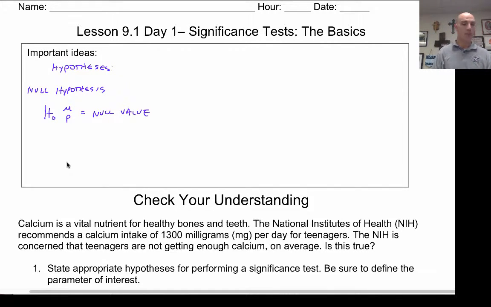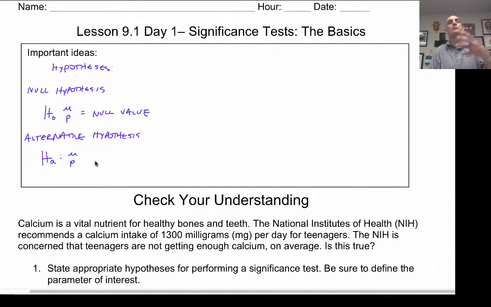Okay. The other one, like I said in that problem with Netflix, is called the alternative hypothesis. And we're going to notate that H sub A, because it's the alternative hypothesis, and it's going to be either our mean or our proportion.